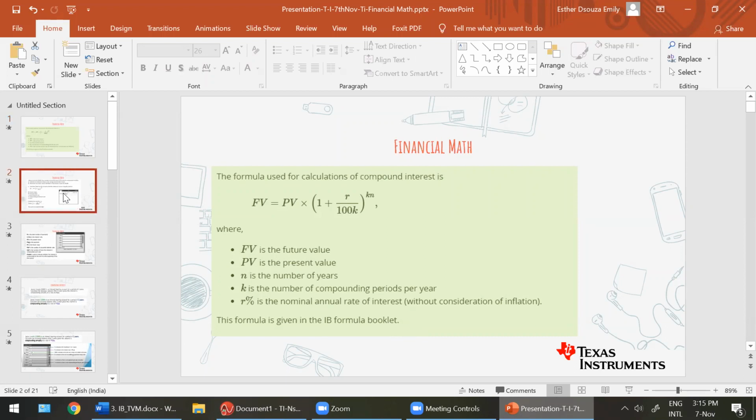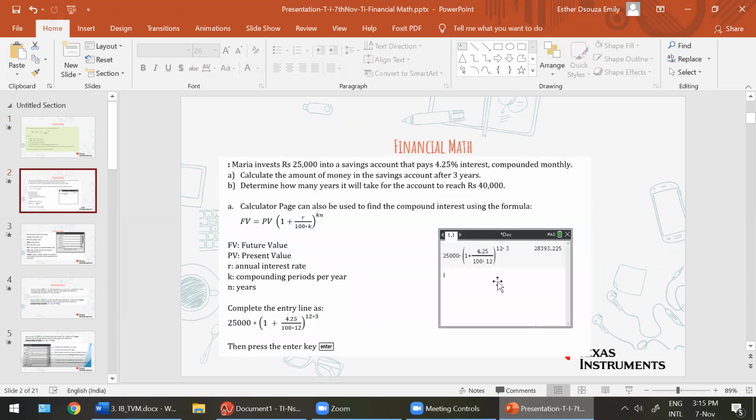Now, let's take a simple example wherein you want to type this out in your document page. Your question is, Maria invests rupees 25,000 into a savings account that pays 4.25% interest compounded monthly.